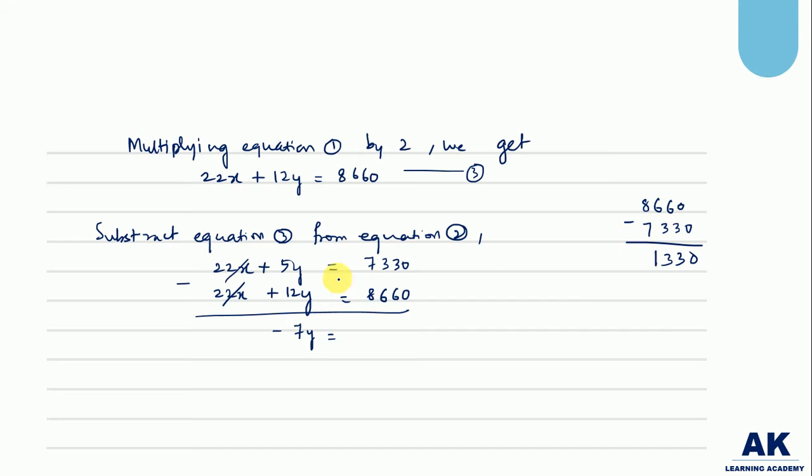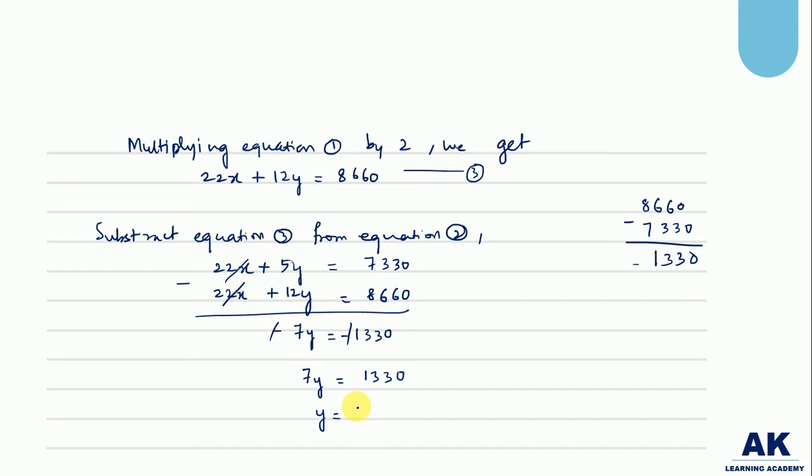But here 7330 is a smaller value than 8660, so the answer is minus 1330. Minus and minus get cancelled and I am left with 7y is equal to 1330.